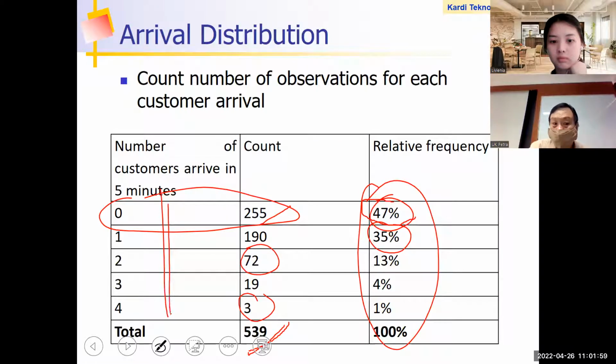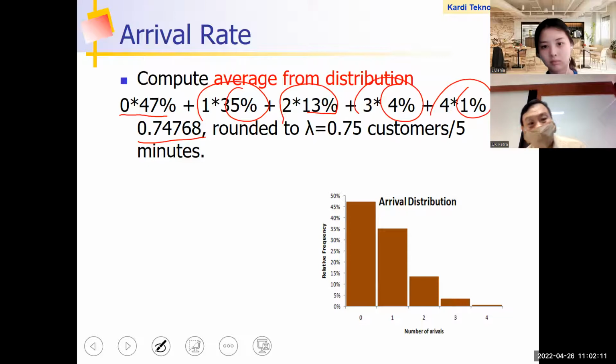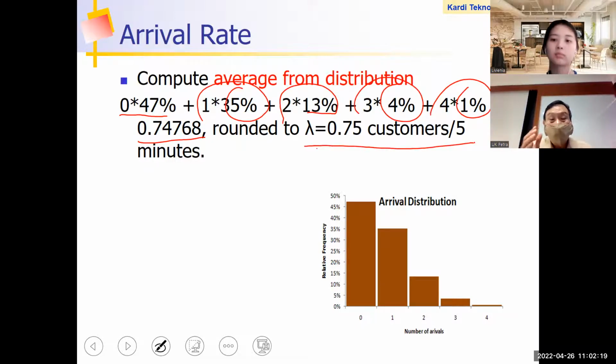So this one is multiplied by this one. Clear or not? Then you get, for example, 0.7476, or about 0.75. So you get the mean. This is the arrival rate: 0.75 customers per 5 minutes.